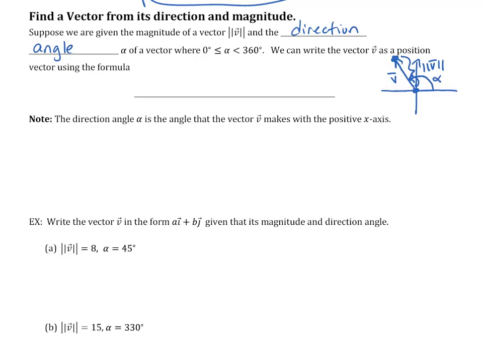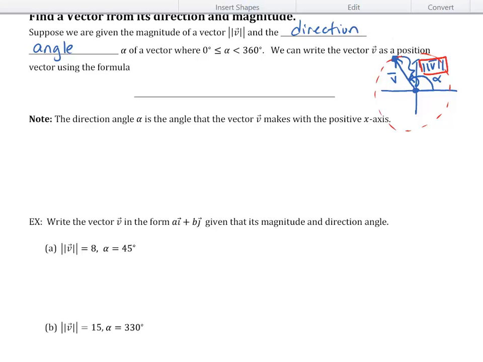Then we can write this vector in terms of where this point is right here. And actually there's enough information now for us to figure that out trigonometrically, because if you put this on the outside of a circle whose radius is the magnitude of v, then we know the coordinates of that point are the radius of the circle times cosine alpha for the x component, and the radius of the circle times the sine of alpha for the y component. That's something we've already covered and used whenever we introduced polar coordinates. So now this is connected to polar coordinates as well. That's why polar coordinates was the very first topic of this lecture section.